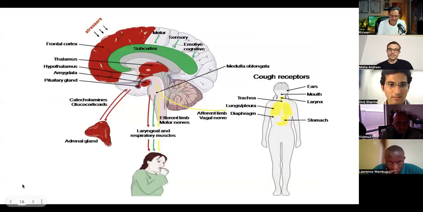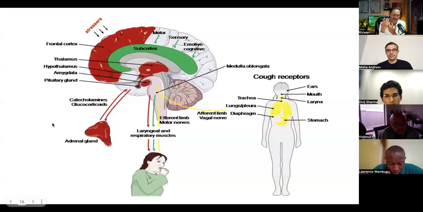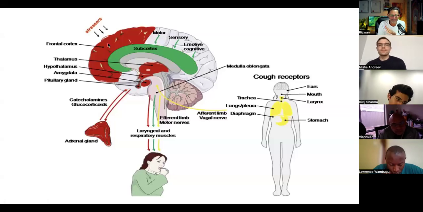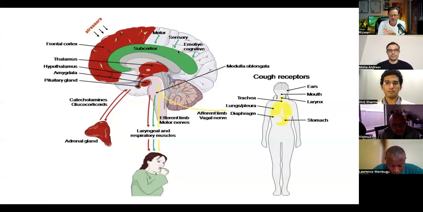Okay, hang on. I just wanted to draw your attention to this very obvious picture. There are stress factors which might be affecting the frontal cortex. They might also be triggering the motor and sensory part of the cortex, going on to the subcortex, and then all transcending down to the brainstem, where the main cough impulse is generated.